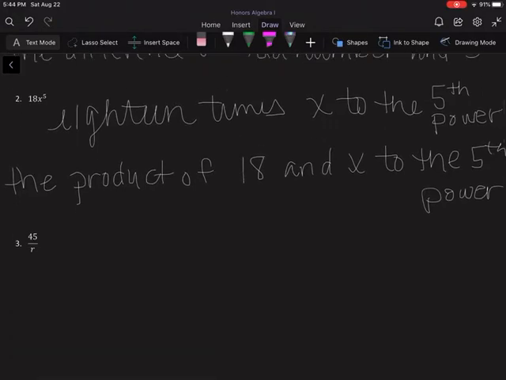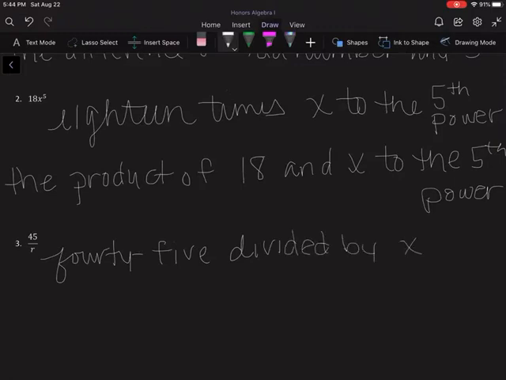Okay, this one is 45, right? 45 divided by x. Or we can say the quotient of, and as I did up here, I'm putting 45 here.